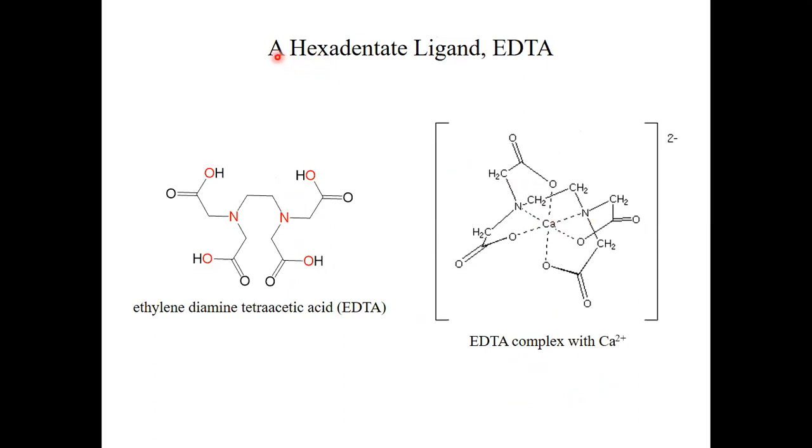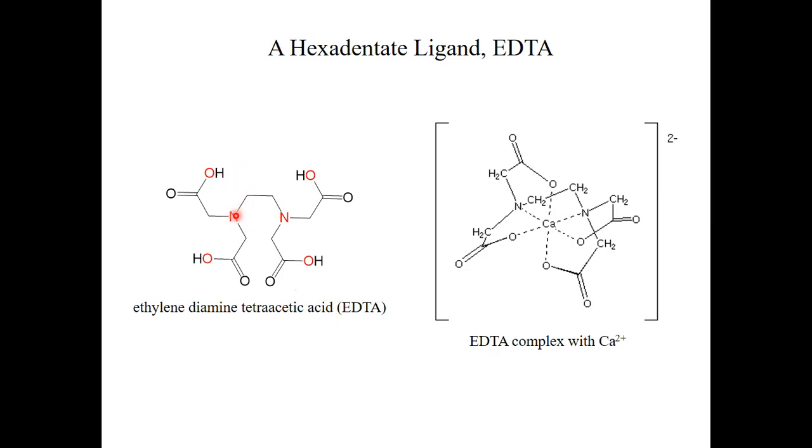So here's an example of a hexadentate ligand, EDTA, which stands for ethylene diamine tetraacetic acid. So you see here the structural molecule with the donor atoms in red. You have here an ethylene diamine unit with 2 nitrogens that are bridged by this ethylene unit here.